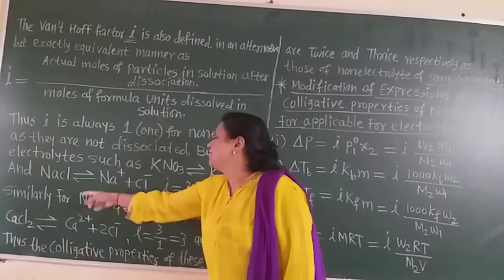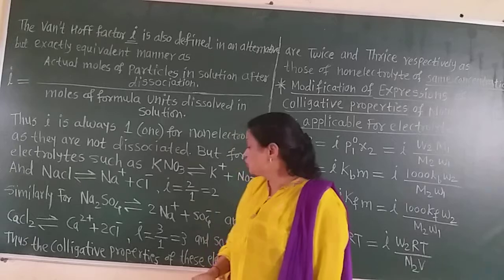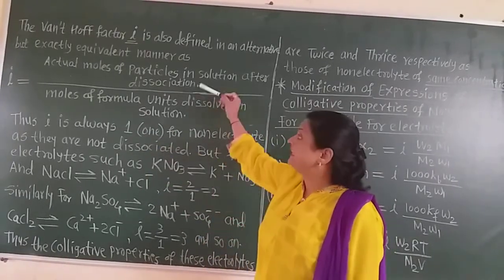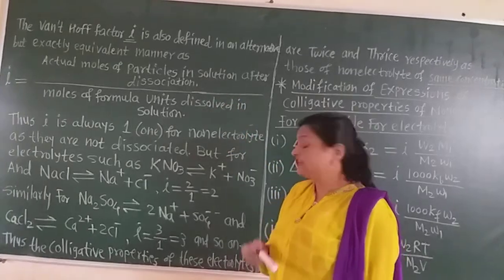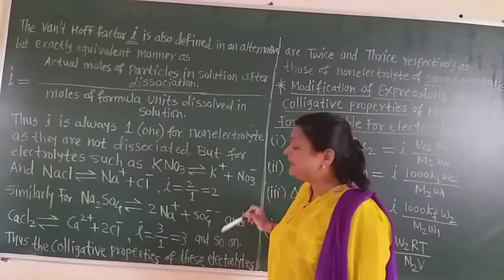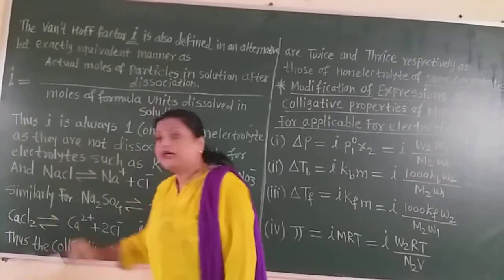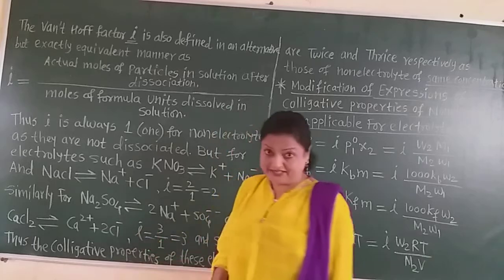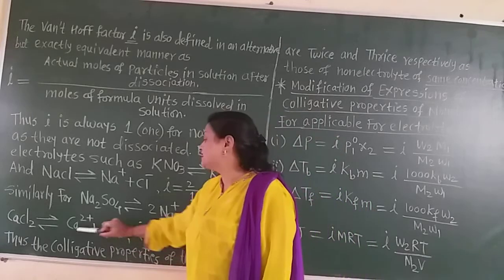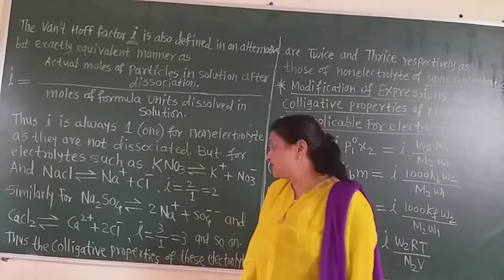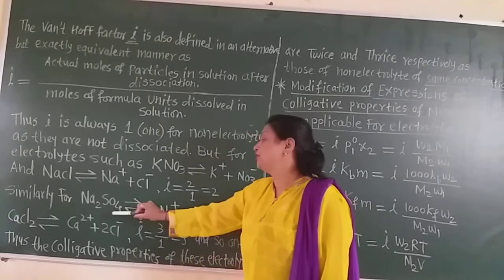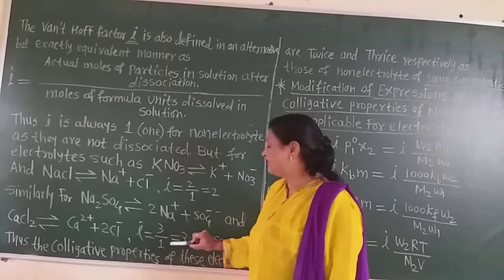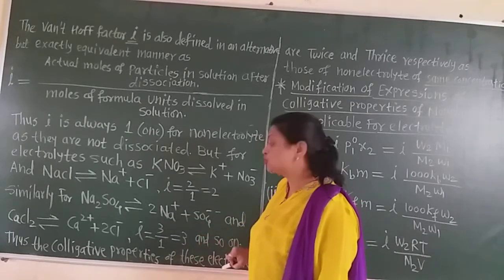But the formula unit is 1. So the value of i, the Van't Hoff factor, becomes 3 divided by 1, which is equal to 3. Similarly, calcium chloride also ionizes as Ca2+ and 2Cl-. That means there are 2 plus 1, that is 3 ions, and so for both of these, sodium sulfate and calcium chloride, i is equal to 3 divided by 1, which is equal to 3, and so on.